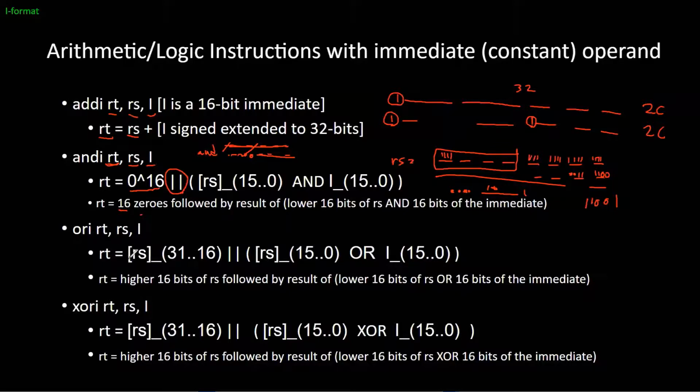Because we are doing an OR, it just changes in that higher 16 bits. Here we had 16 zeros at the high part because we didn't have anything on the number itself.